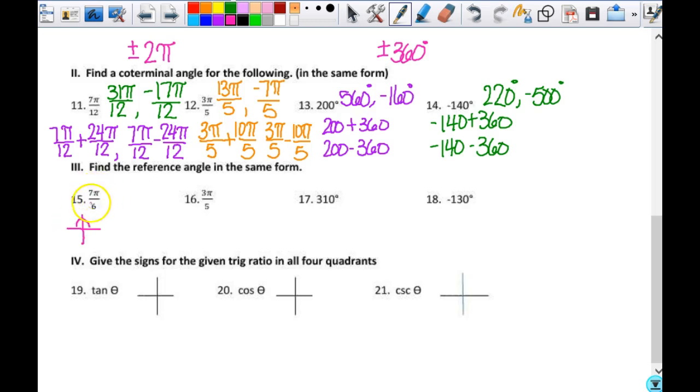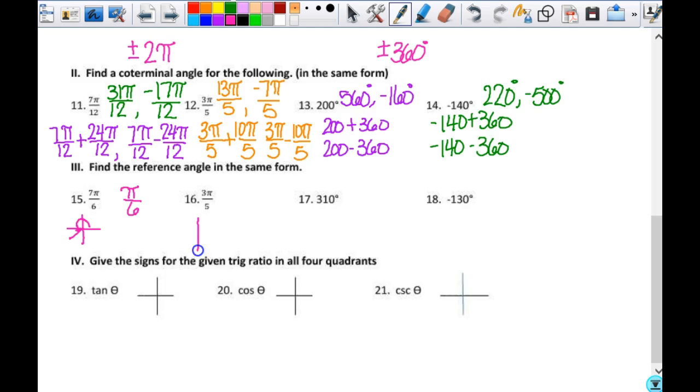So if this is a little bit more than 6 pi over 6, I have to go 1 more pi sixths to get there. So that means that 6 pi over 6 gets subtracted, and I've got just pi sixths left. So my answer is pi sixths. You should be able to think through that, and if you've got to jot some stuff down every now and then, that's fine. But you don't necessarily have to draw a picture every single time. You want to get to the point where you don't need to.